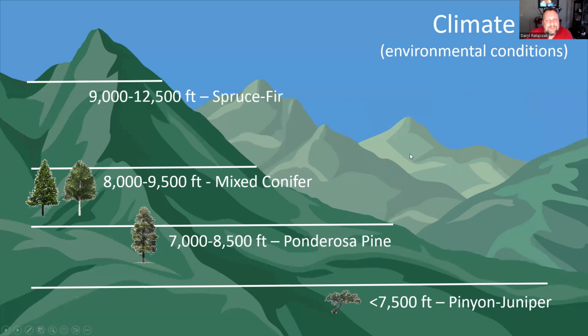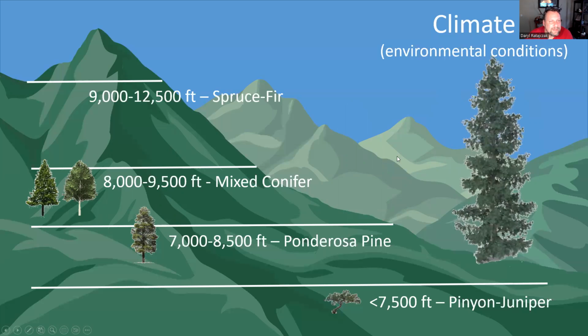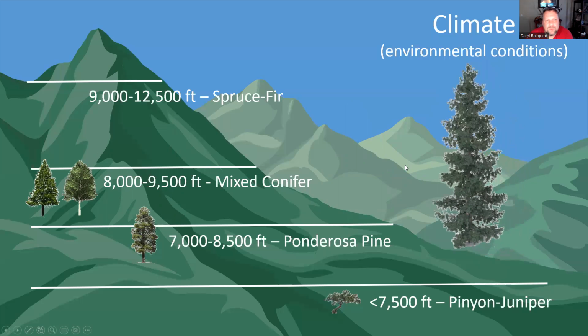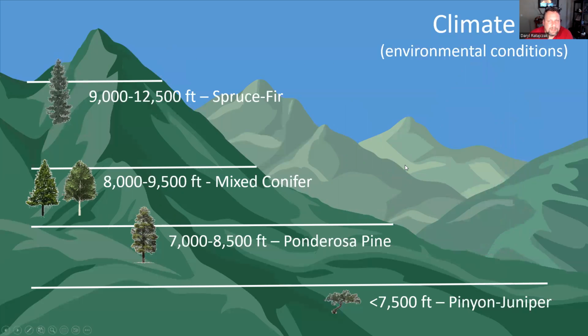When you're getting above 9,000 feet to 12,000 feet, you start seeing, once again, a different kind of tree species, and it's usually spruce and fir trees. Those trees are very well adapted to wet conditions, to very cold conditions, to really difficult environmental conditions. You get much more wind effect up there. In fact, once you go above 12,500 feet, a lot of the forests die out because it becomes too harsh.